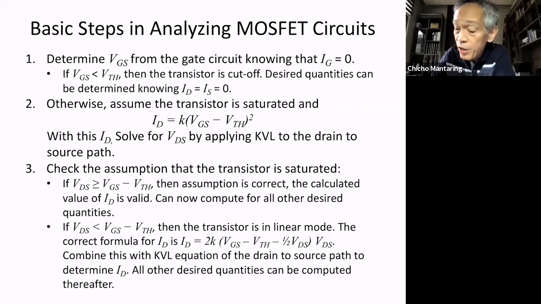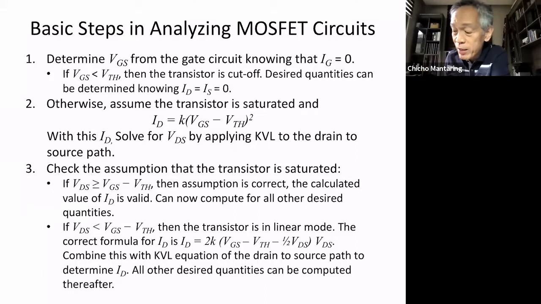If you see that it is not cut off, then the first assumption you can make is that it is saturated. Remember, in the bipolar transistor, the first assumption we always make is that the transistor is in the active region, so that IC is equal to beta times IB.